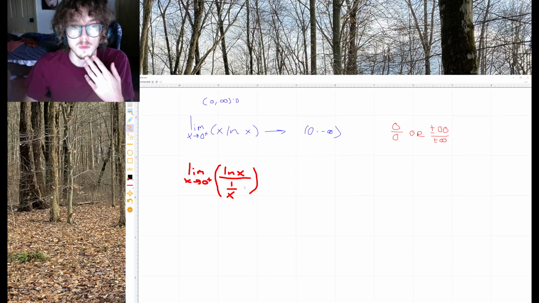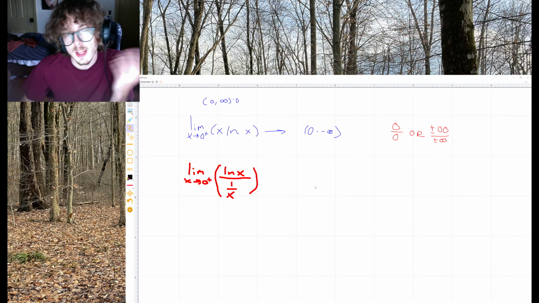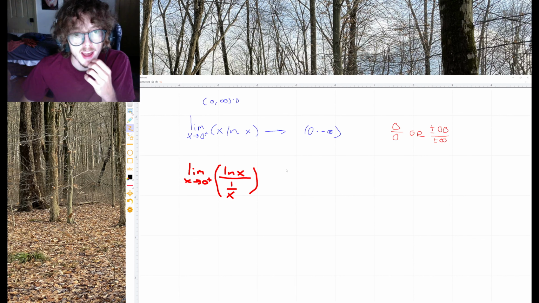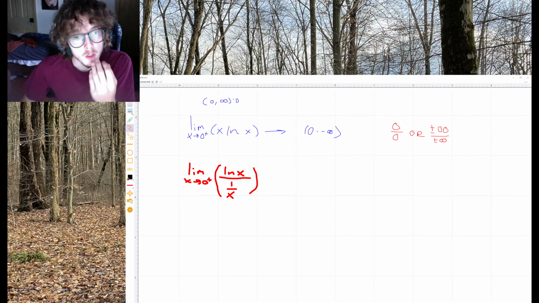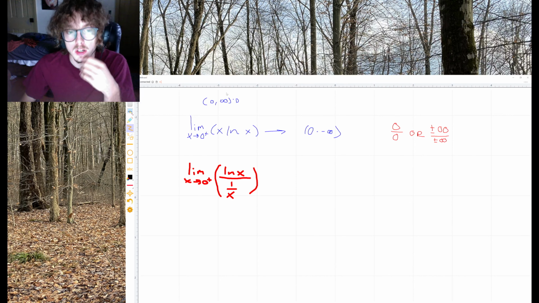It would be like saying, okay, we have 2, and then we express that as 1 over 1/2, or 1 over 0.5. It's the same thing. They're equal. So we do that, and when we plug in 0, we get a new form.